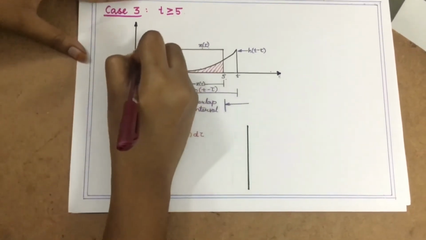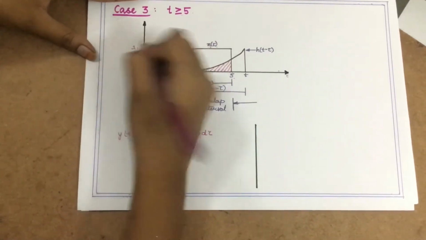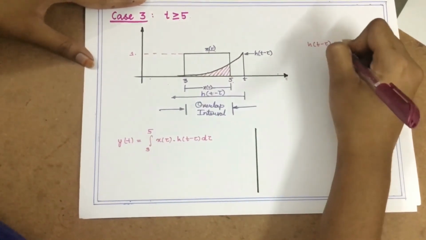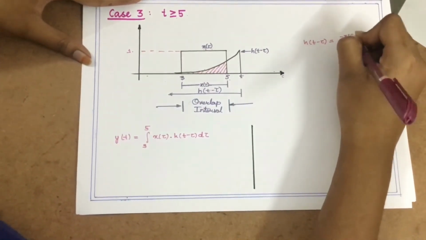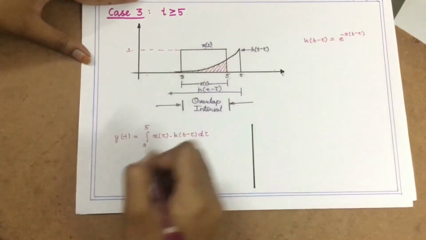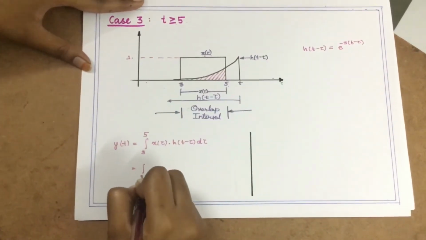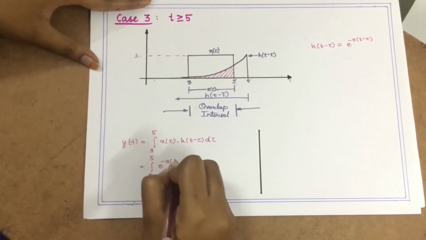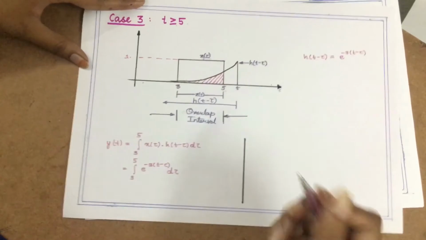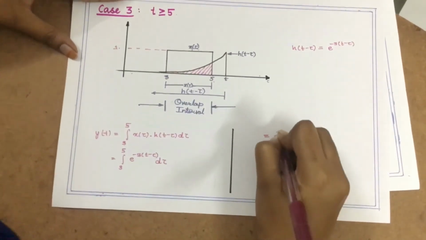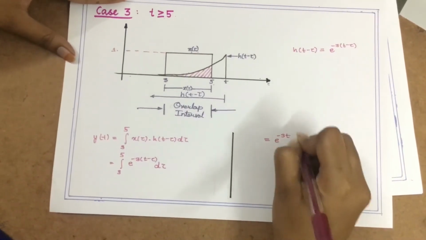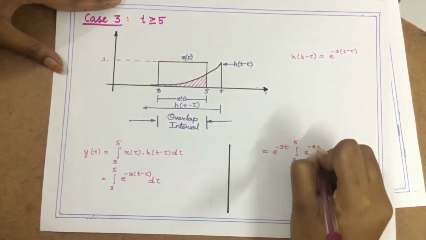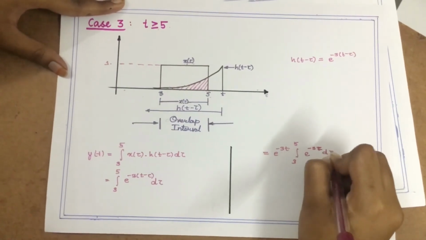Here we can see the value of x(tau) is 1 and the value of h(t minus tau) is equal to e^(-3(t minus tau)). Substituting this in the given equation, we get the integral from 3 to 5 of e^(-3(t minus tau)) d tau. Now, taking e^(-3t) out, the integral from 3 to 5 of e^(3 tau) d tau.